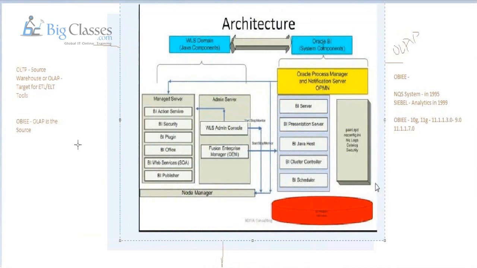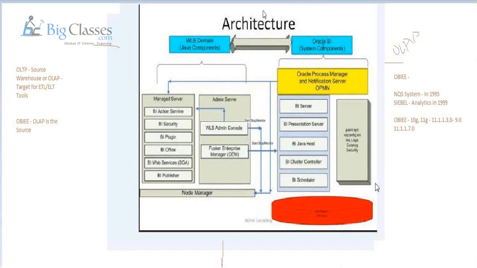Okay, so this is the basic architecture of OBIEE. In this OBIEE 11G architecture, we are not talking about the 10G architecture because it's outdated. In 11G, WebLogic is one part, and the OBIEE components are another part.